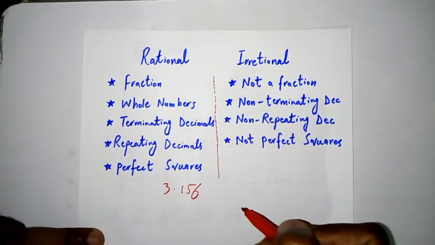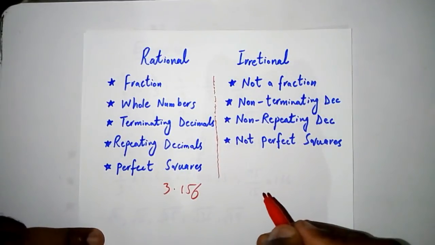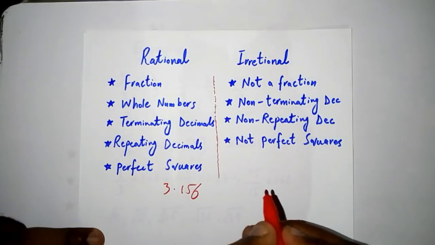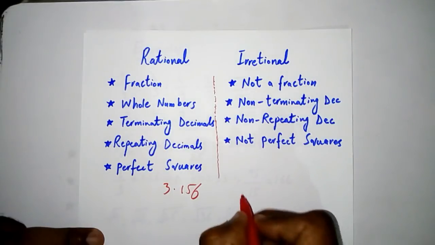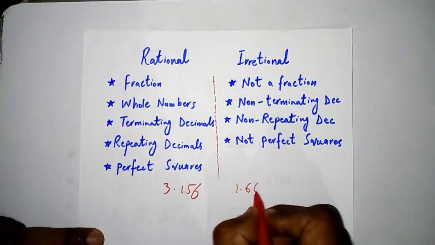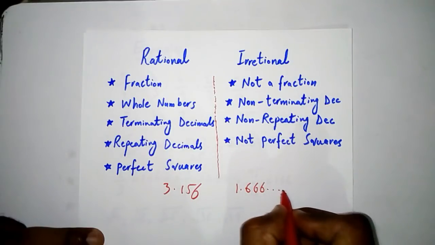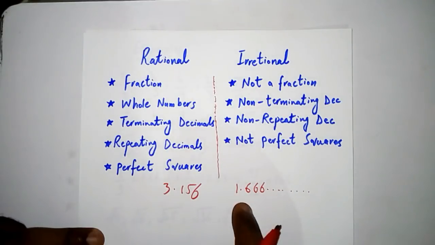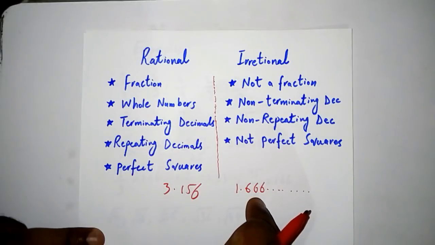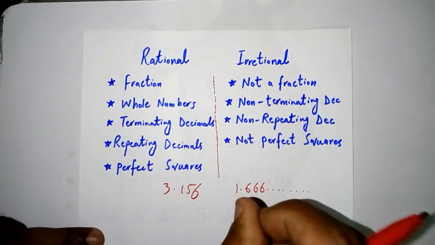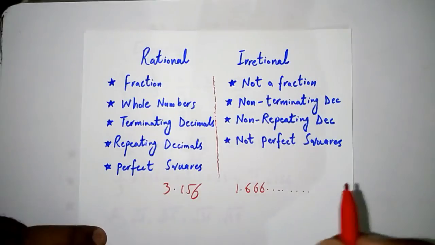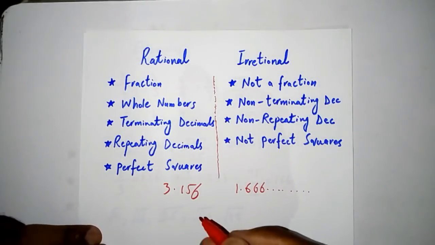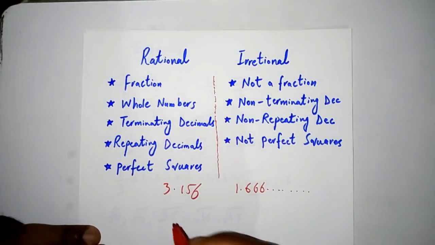Okay, the next one is repeating decimals. If in the form of decimals a number repeats itself like 1.666 and so on, as you can see here 6 is repeating itself, so such numbers are called rational numbers. The next category is about perfect squares.